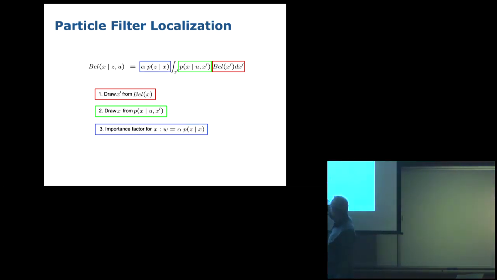Next, we calculate the importance weight based on the observation likelihood. We look into our camera or whatever sensor we have and calculate the likelihood of that observation given the state that we just calculated. This gives our importance weight. And the next step, and this is why we call this the survival of the fittest operation, is that we resample from that set, and we will later discuss how that works exactly.